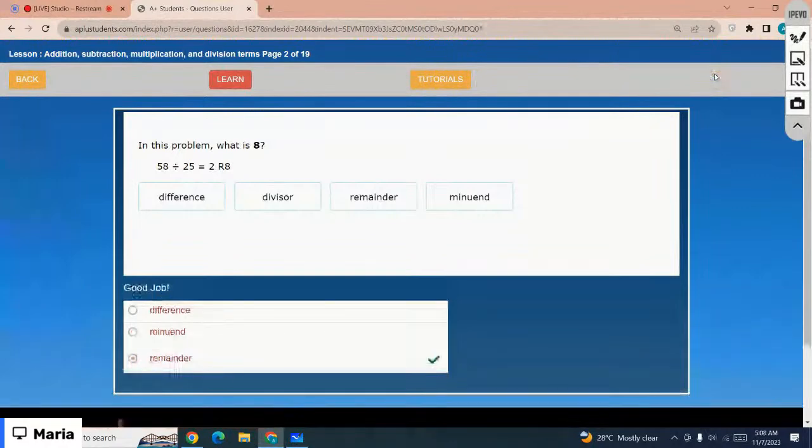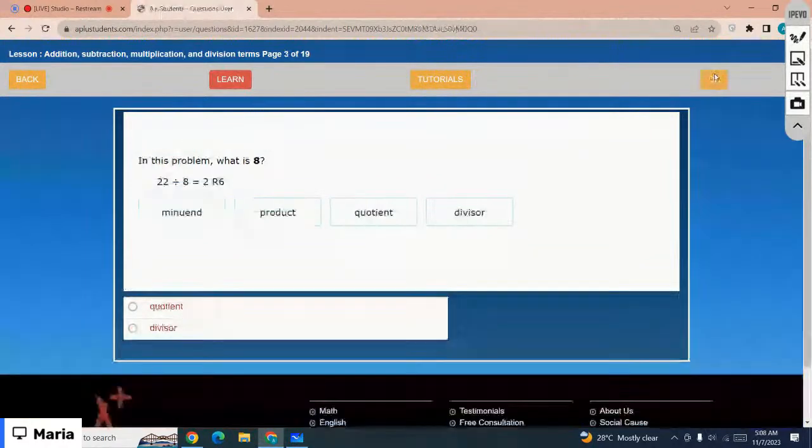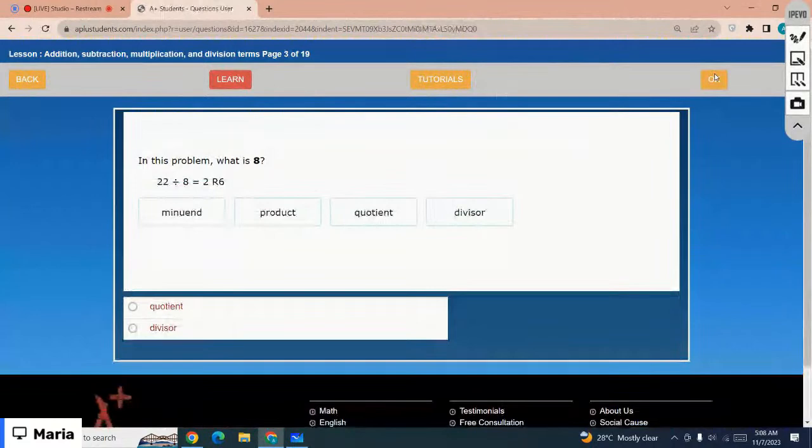The next one: in this problem, what is 8? 22 divided by 8 equals 2, and then you have the remainder 6. So what is 8? Is it quotient or is it divisor?